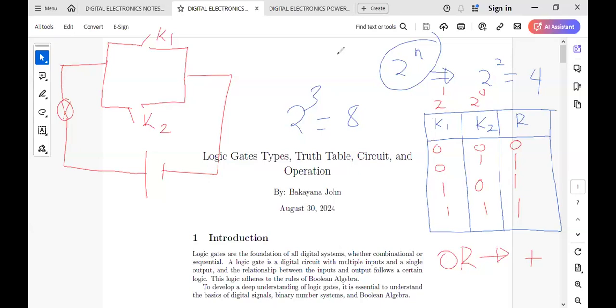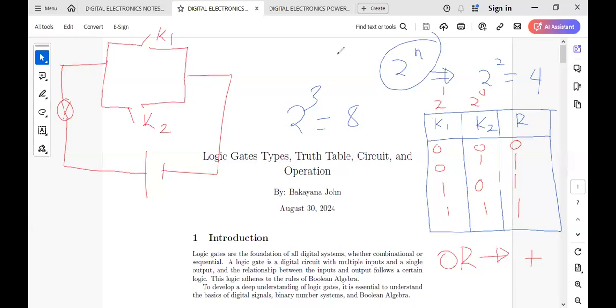So with addition, when I add 0 plus 0, I get 0. 0 plus 1, I get 1. 1 plus 0, I get 1. 1 plus 1, I get 1. That kind of algebra is called Boolean algebra. Is that okay?